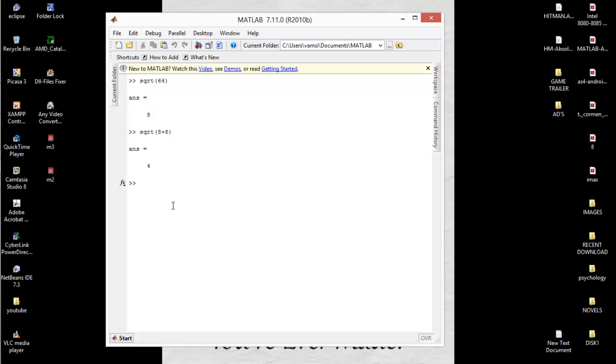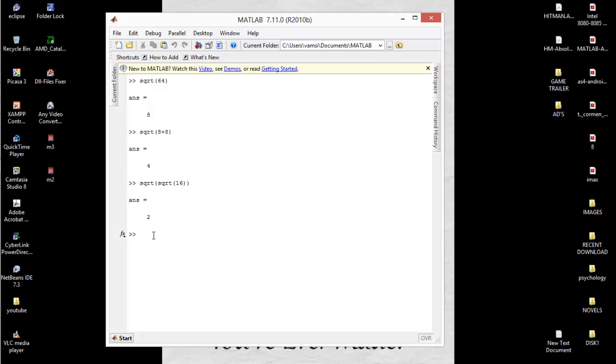We can also give a function inside another function's argument. Here we can call the square root of the square root of 16. This is 4, and the square root of 4 again is 2. These are all different kinds of function calls.